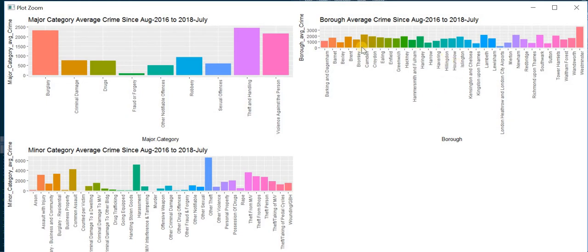Or you can draw an average line across boroughs, pick all the boroughs which are higher than average, and further investigate what major and minor crimes are committed within all those above-average boroughs.